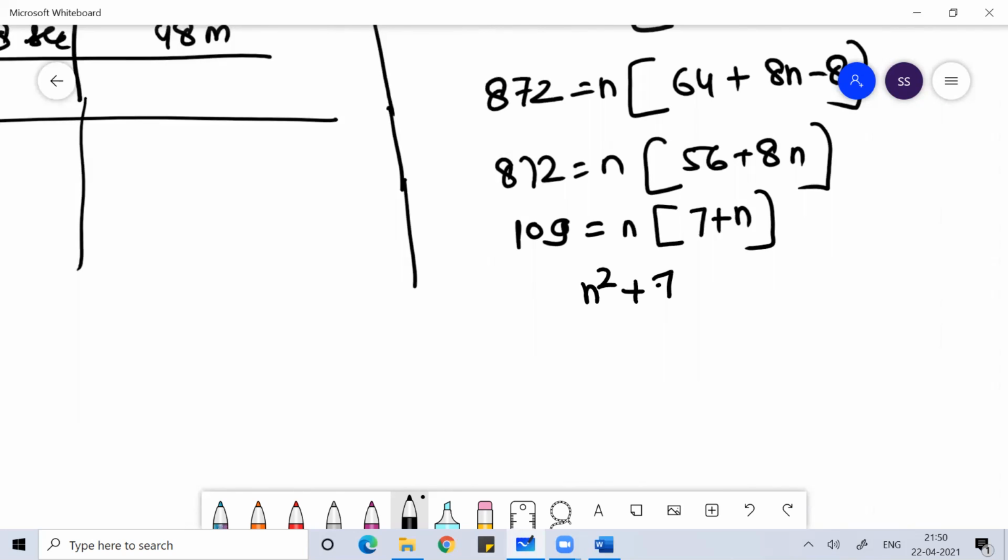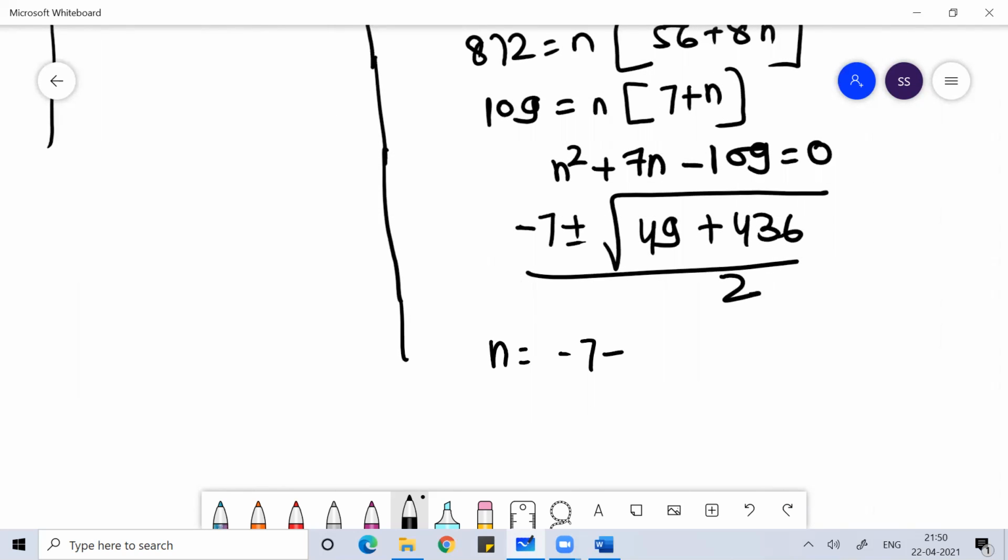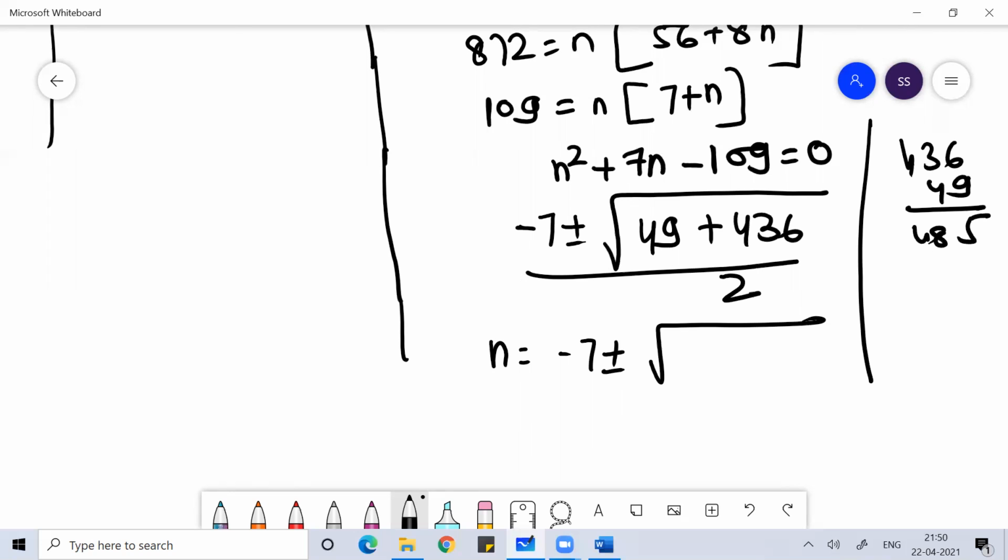n square plus 7n minus 109 is equal to 0. Using the formula, minus 7 plus or minus the square root of b square, 49, minus 4ac. So minus minus plus, 109 times 4 is 436, divided by 2. So the n value you will get is minus 7 plus or minus root of 436 plus 49, which is 485, divided by 2.